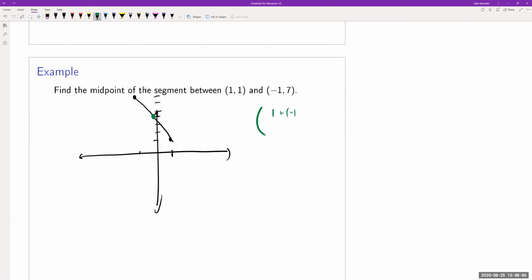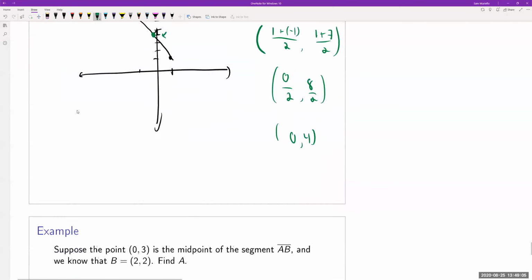So 1 plus negative 1 over 2, and then also 1 plus 7 over 2. This gives me 0 over 2, comma 8 over 2, or more simply, 0, 4. That actually matches up with my sketch pretty well, so it would make sense that this is where this midpoint would be. It's not perfectly to scale, but it's pretty much in the right place.